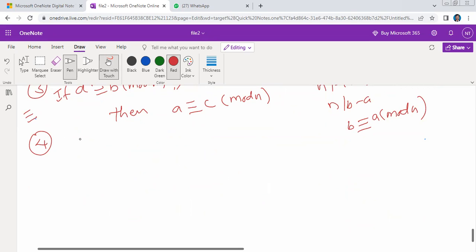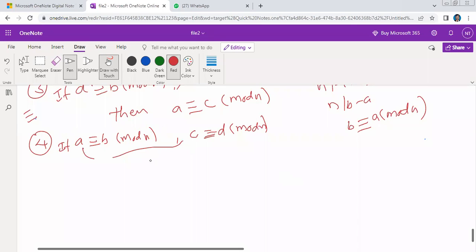అయిపోయింది, క్లోజ్ చేస్తాను. If A congruent to B modulo n. Suppose another one is C congruent to D modulo n. A congruent to B modulo n, C congruent to D modulo n.